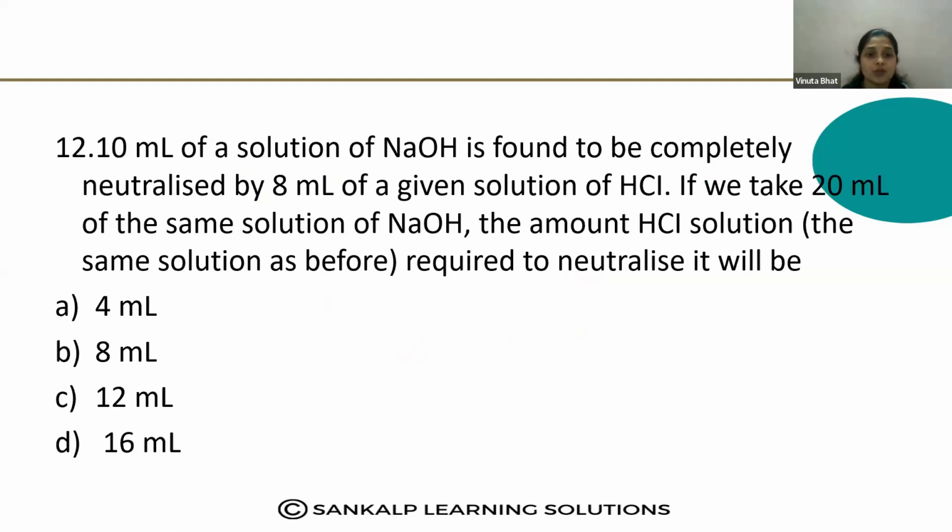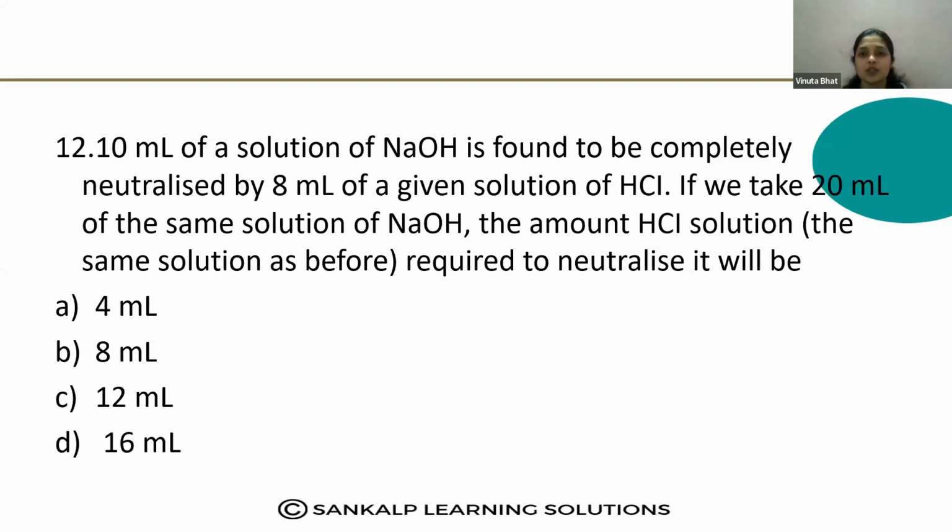10 ml of solution of sodium hydroxide is found to be completely neutralized by 8 ml of given solution of HCl. If we take 20 ml of the same solution of NaOH, the amount of HCl solution required to neutralize it will be option A 4 ml, option B 8 ml, option C 12 ml, and option D 16 ml.